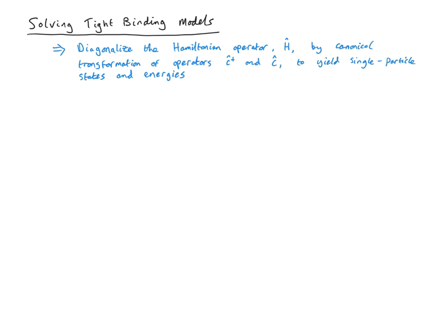So the general technique for solving tight binding models we looked at in the last lecture. One can do a brute force calculation where one really formulates the Hamiltonian matrix itself in the many-particle basis and diagonalizes that.